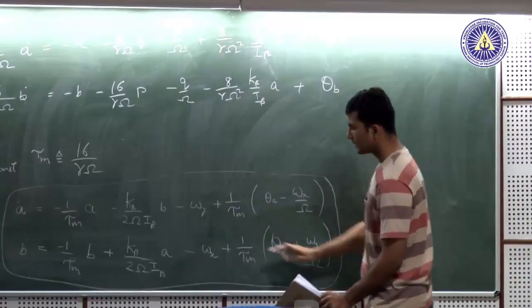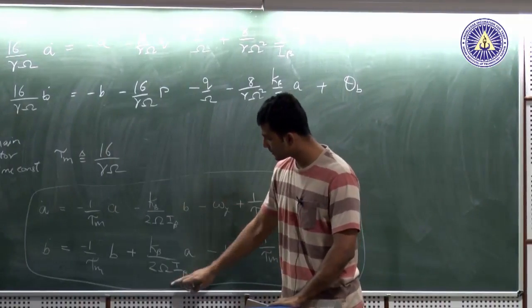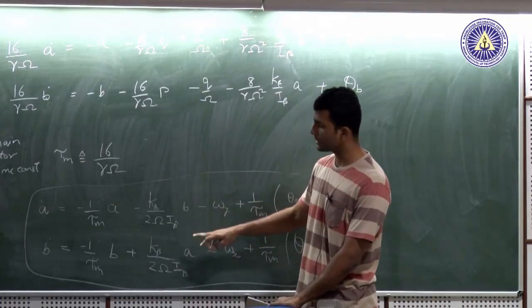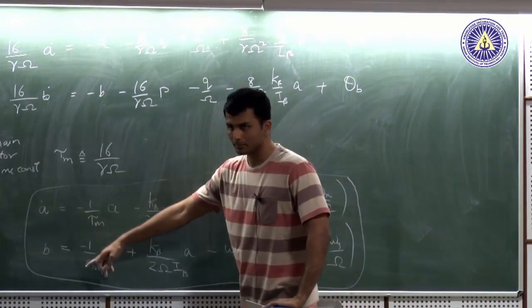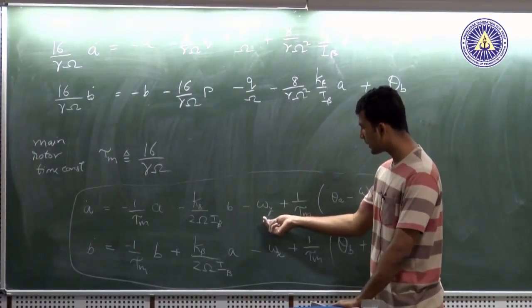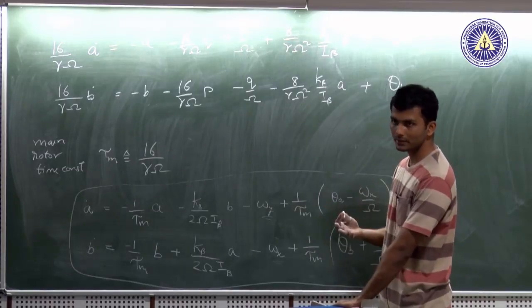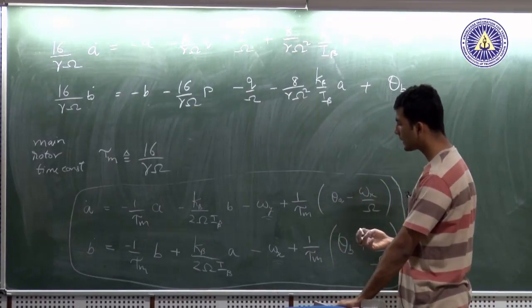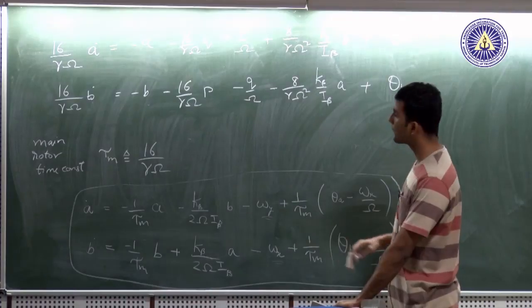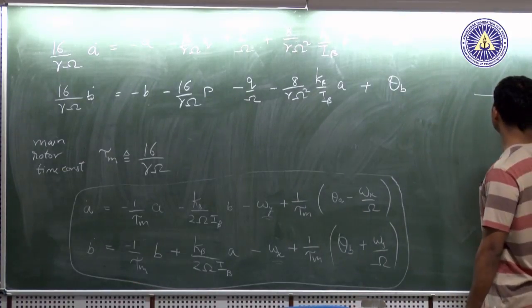These terms are responsible for adding the cross coupling between A and B, and this omega y and omega x are responsible for introducing damping in the system.